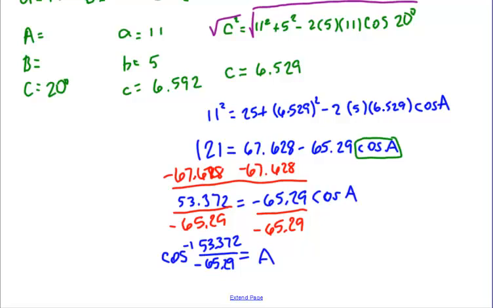So you're going to go with arc cosine and then negative 53.372 divided by 65.29.